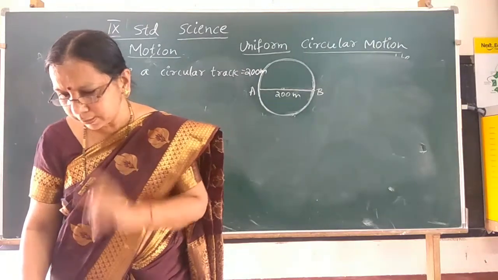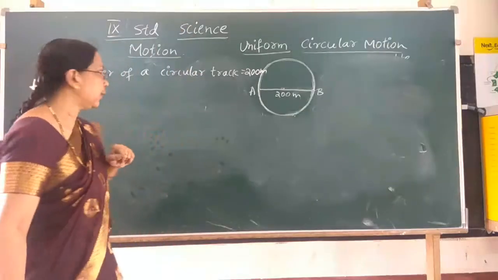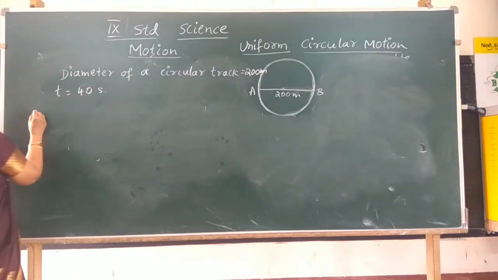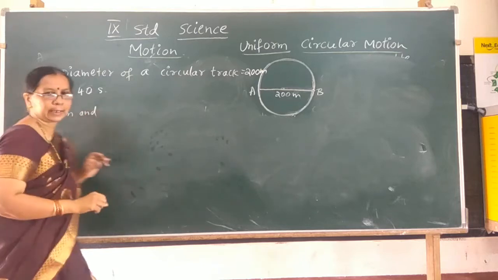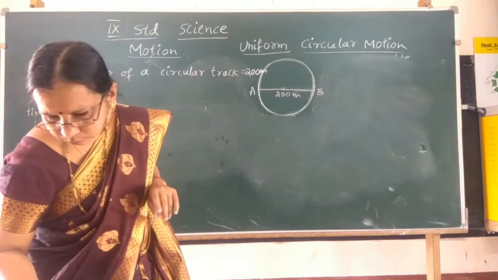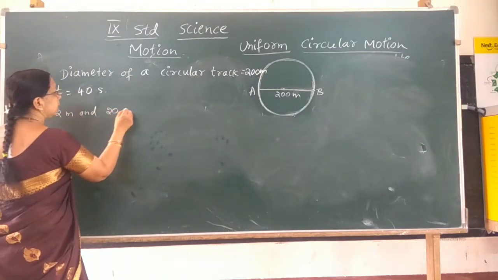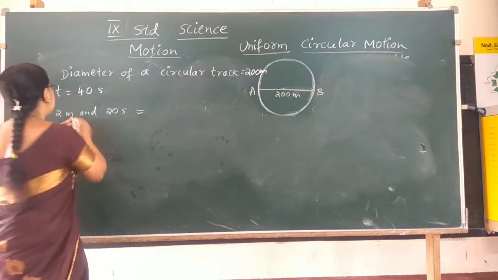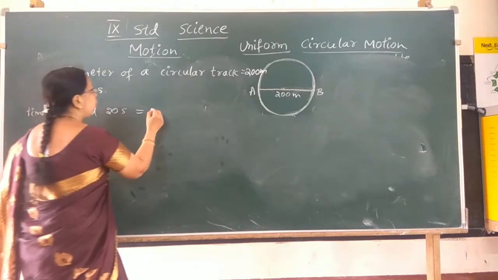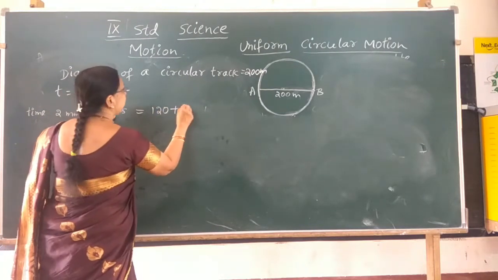And what do you have to find? In 2 minutes 20 seconds, what is the distance covered and the displacement? 2 minutes 20 seconds means convert it into seconds. 2 minutes means how many seconds? 2 into 60, 120 seconds plus 20 seconds.